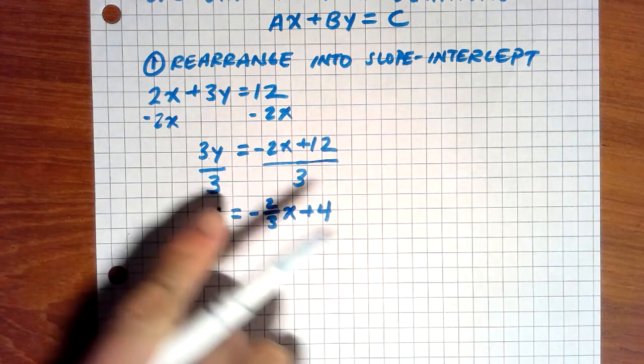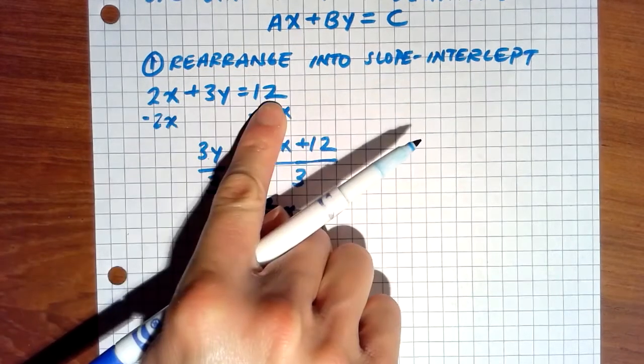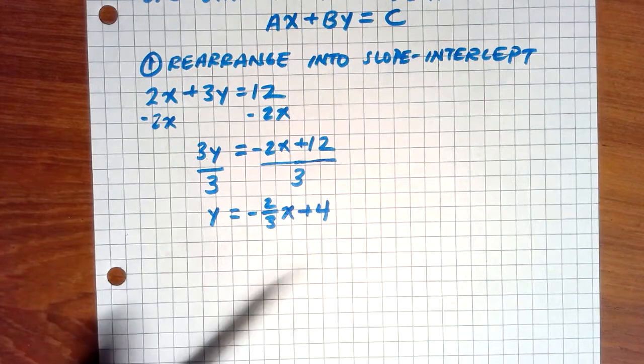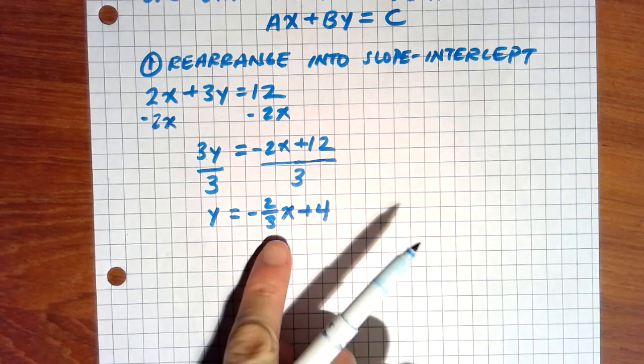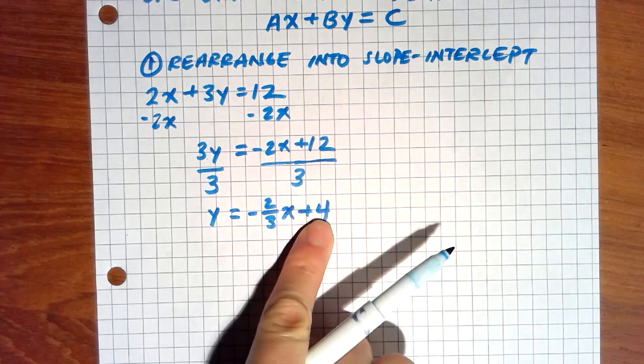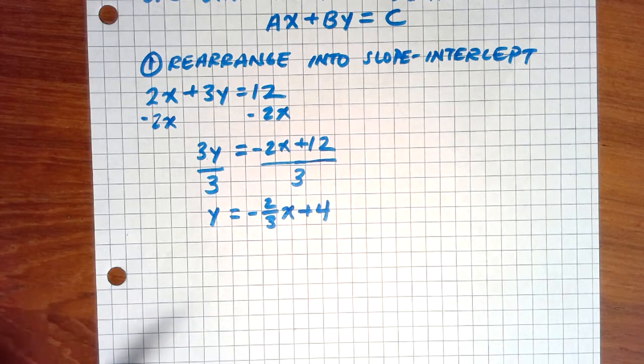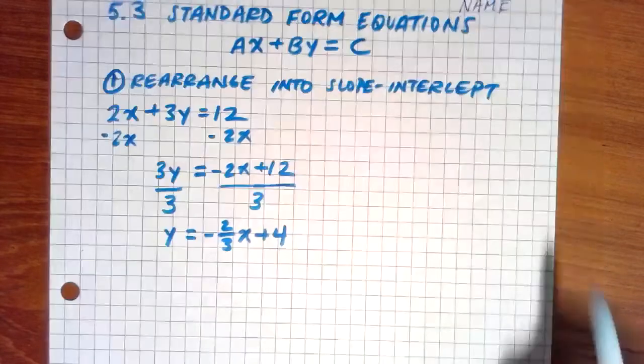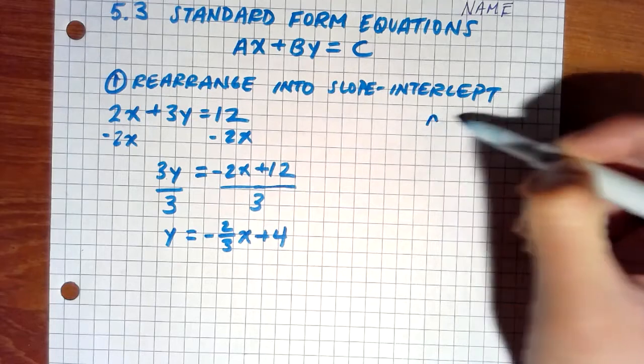Now I have rearranged this original standard form equation into slope-intercept form, and I can see that the slope is negative 2/3 and the y-intercept is 4, and I'm going to use that information to graph it. I'll do that here on the right.